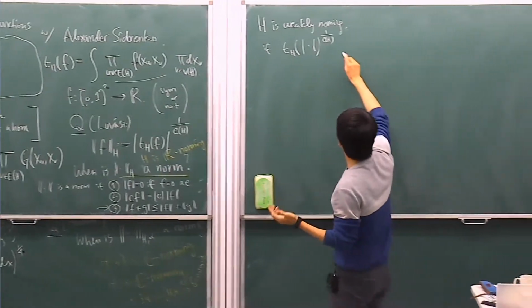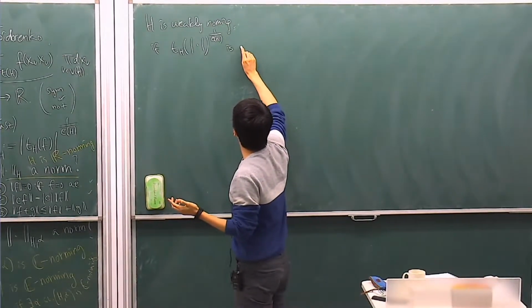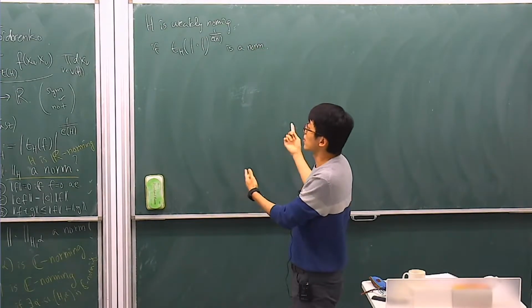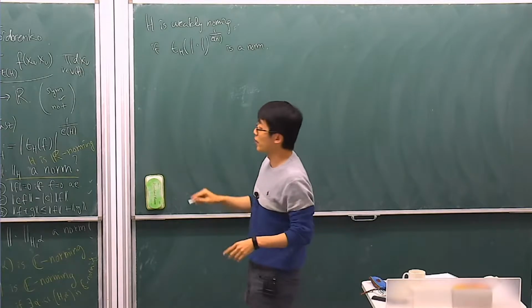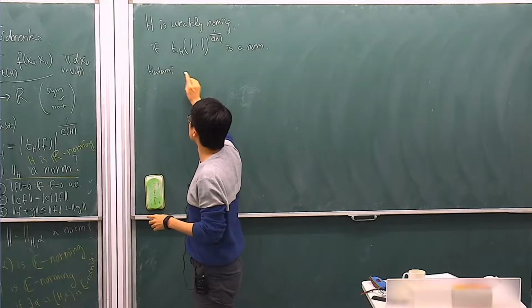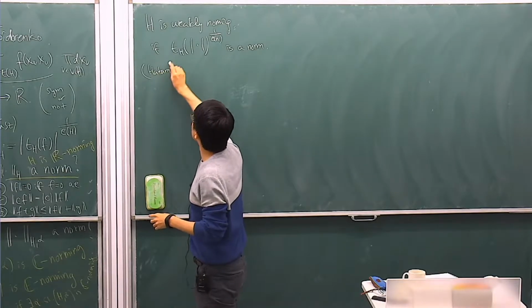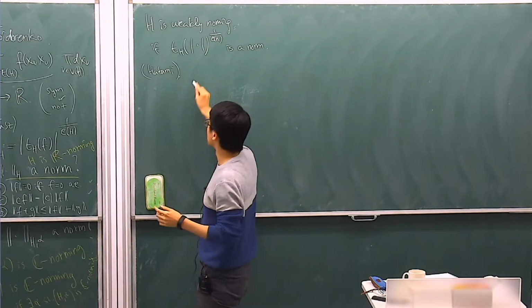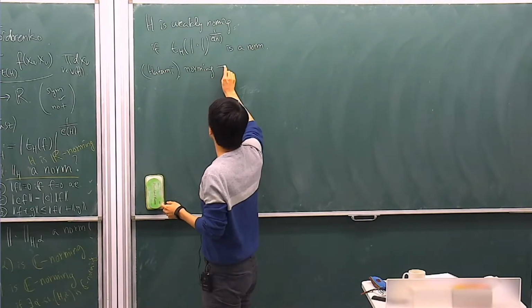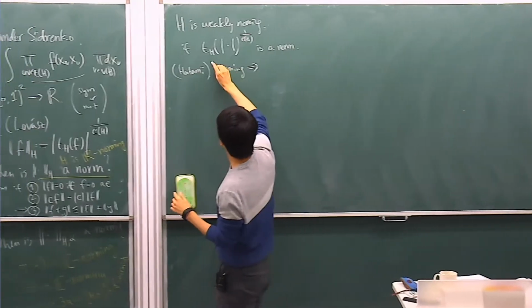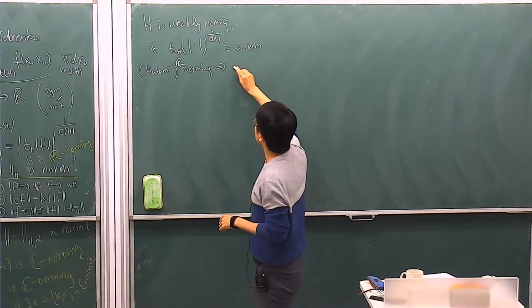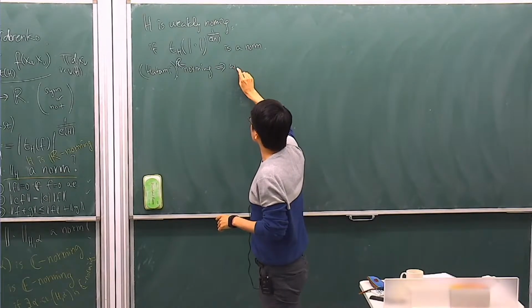So if that's a norm, then I say H is weakly norming. And Hatami observed that this is a weaker property. So every norming graph is a real norming graph. Let me just distinguish for now. A real norming graph is weakly norming.